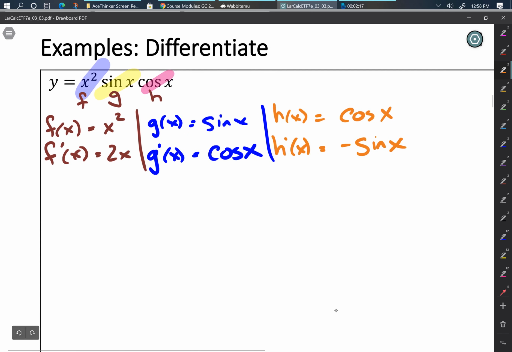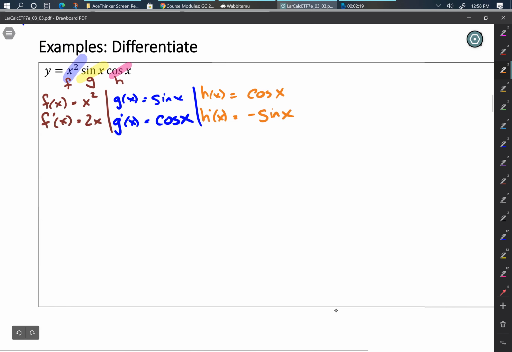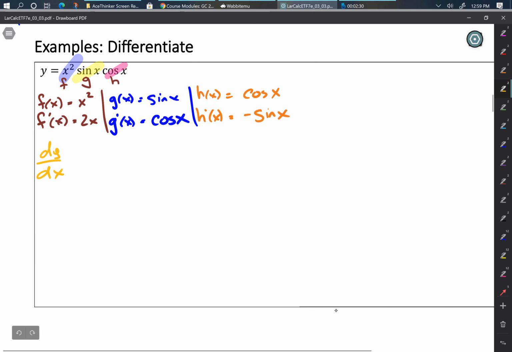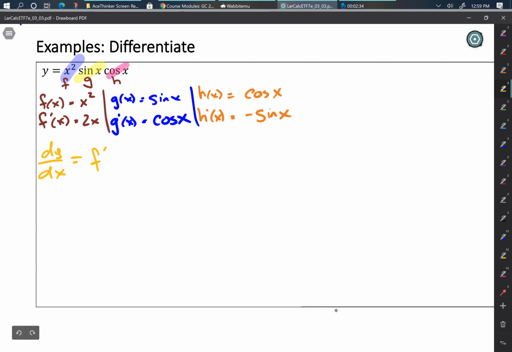negative sine of x, and then I have to string this whole thing together because our derivative of y with respect to x, dy dx, is going to become f prime times g times h plus f times g prime times h plus f times g times h prime.